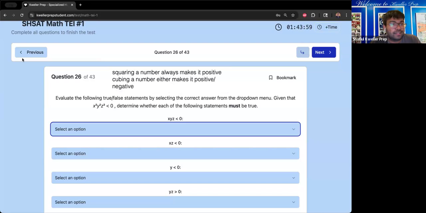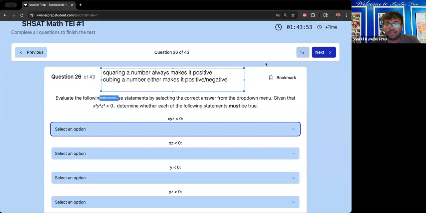Okay. Anyways, cubing a number either makes it positive or negative. So the idea here is you just have to know squaring a number always makes it positive. Cubing a number makes it positive or negative. Easiest example is like -2. -2 squared is equal to 4.